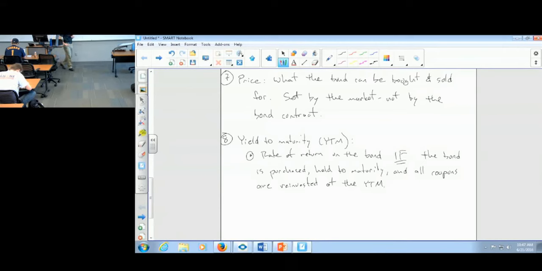So that's a lot of stuff that's got to happen. But if you buy the bond, hold it until the final payment, and you're reinvesting those cash flows back into the bond, or at least into something else that has the same rate of return, then this will be your rate of return from holding the bond.